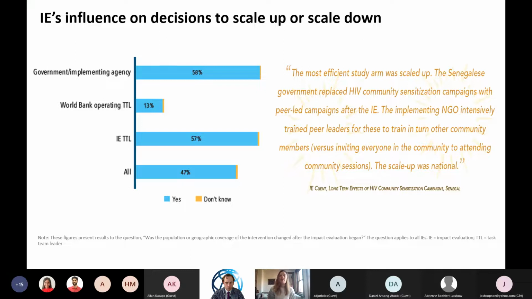For example, in Senegal, on an HIV campaign from one of our colleagues, the government counterpart told us that the most efficient intervention or component was scaled up, and the Senegalese government replaced HIV community sensitization campaigns with peer-led campaigns after the impact evaluation, and that the implementing NGO intensively trained peer leaders to train in turn other community members. And so that was scaled up at a national level, right?